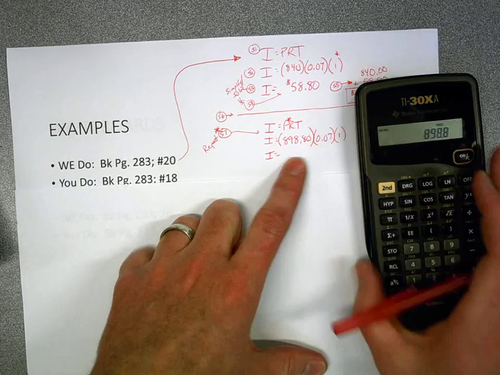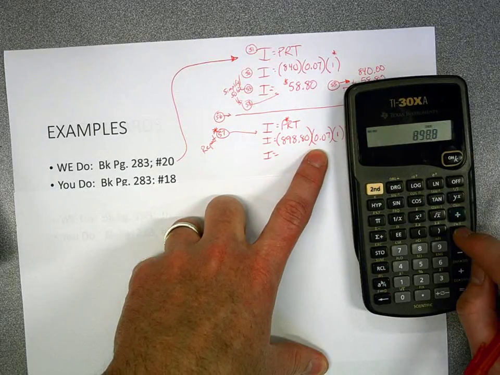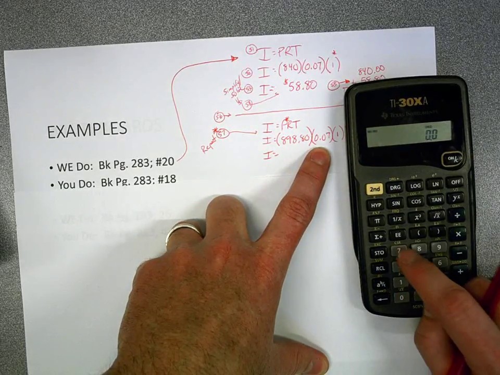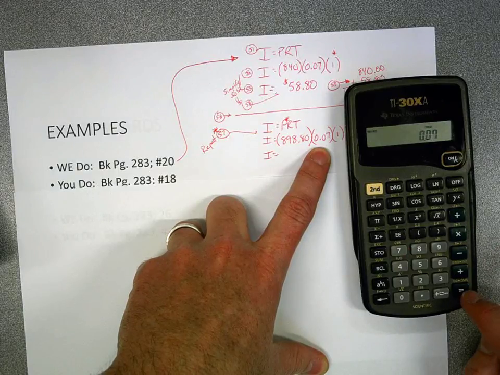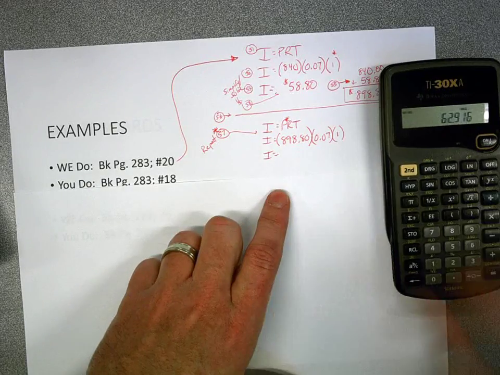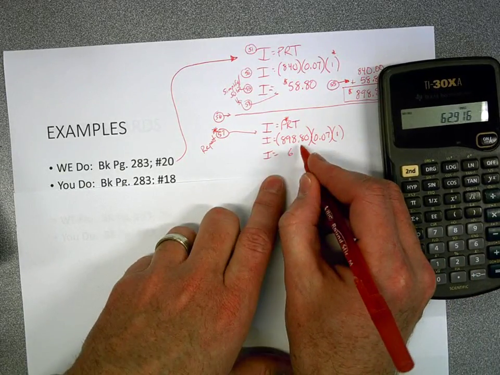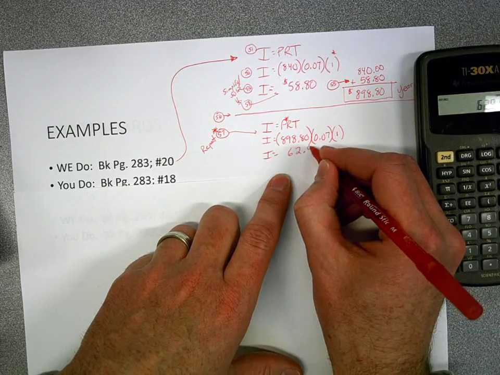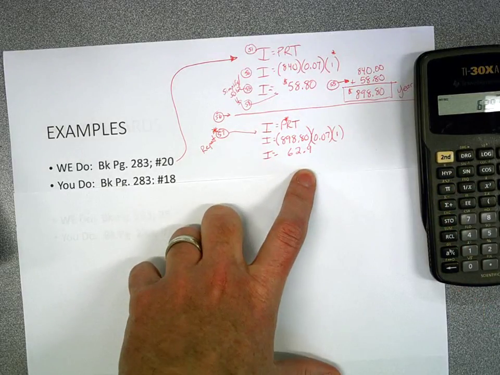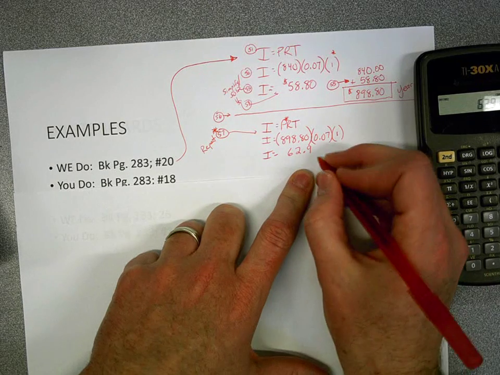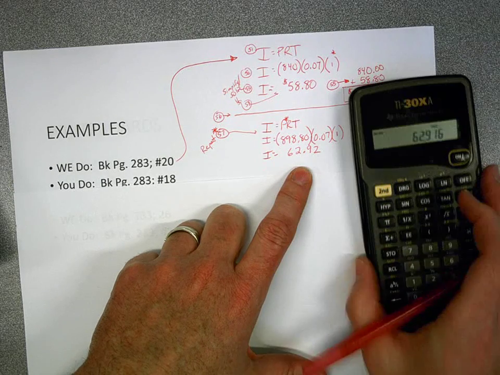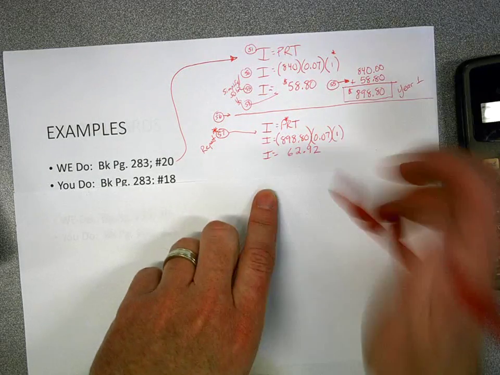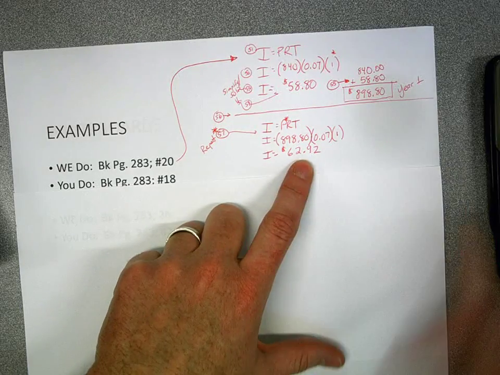You don't have to punch that back in. So that times 0.07 times 1 equals 62.916. You're going to need to round this to the nearest cent, of course, so it's 0.92, which of course is $62.92.